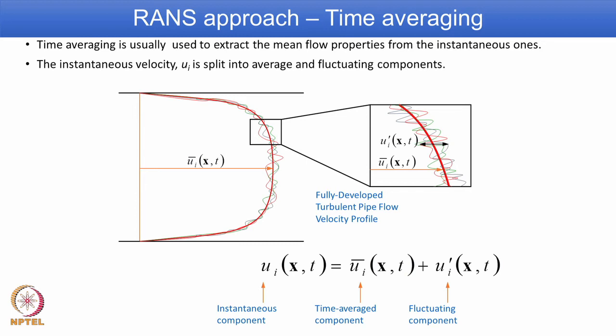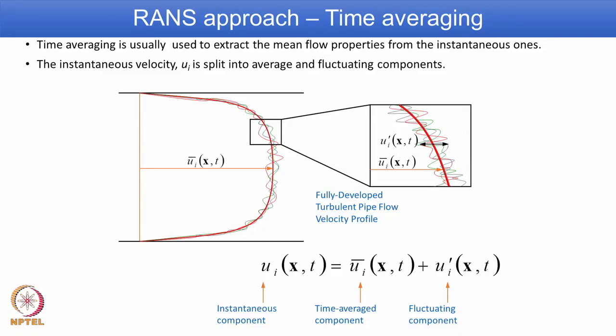Now, we look at it in a little more detail. We already mentioned, though flow exhibits randomness, it is possible to approach a turbulent flow by what are known as statistical methods, and one such quantity is averaging, because, as we mentioned, it varies both in space as well as time.